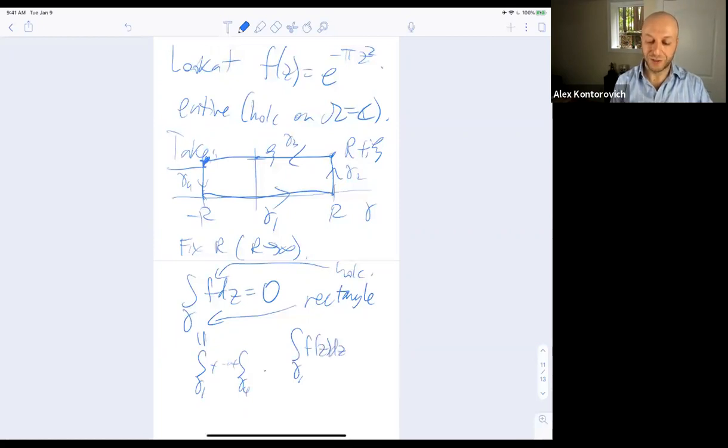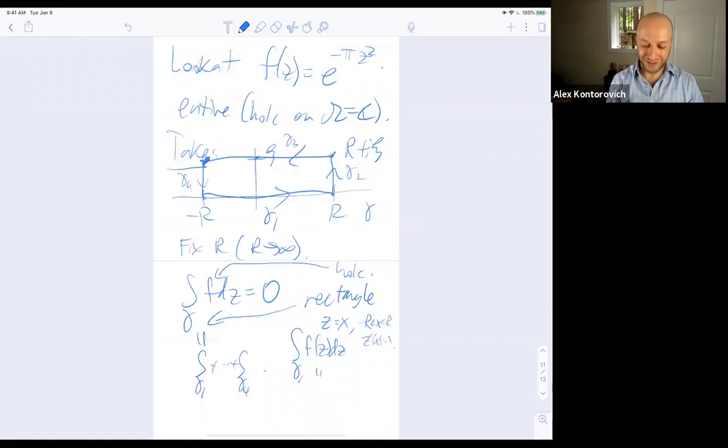So we have to parameterize it. What's the parameterization? Z is equal to, how about x? We're on the real line. X ranges from minus r to r. That's a and b. Z prime is equal to 1.